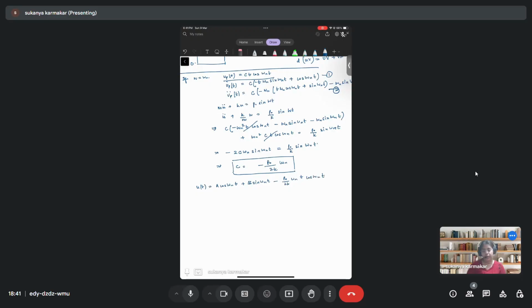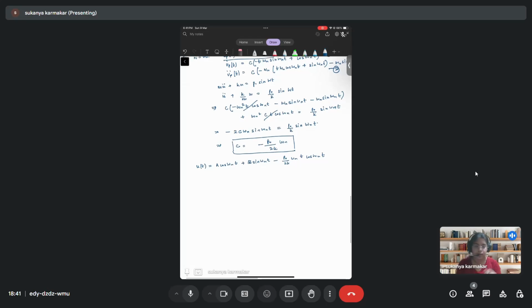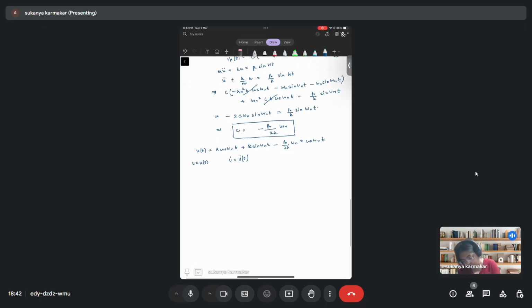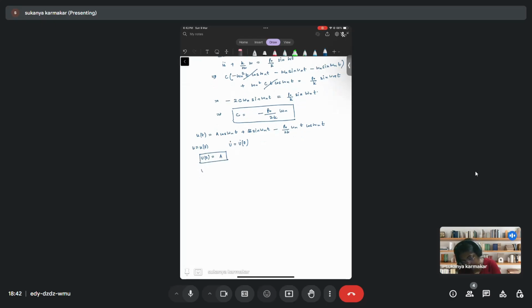Now again you can use the initial conditions, that is u at t equal to 0 is u0, and u dot is the velocity at t equal to 0. If you use it here, you can calculate the value of a, and again the value of b.